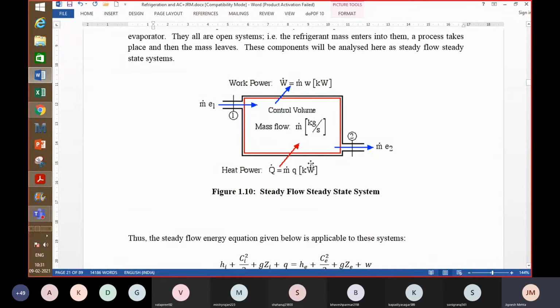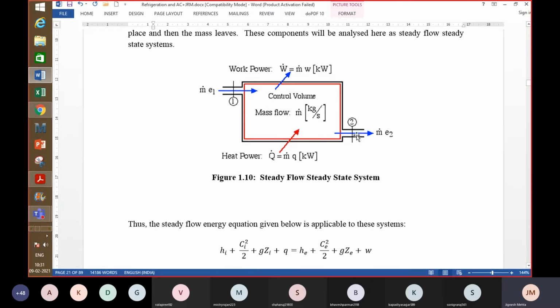Particularly in case of heat, and similarly in case of work or power also. If you write work, we generally write it as just small w in kilojoule per kg. If you write just heat, then it will be small q in kilojoule per kg. But if you multiply it with the mass flow rate, which is in kg per second, then it becomes kilowatt or watt, and so on.